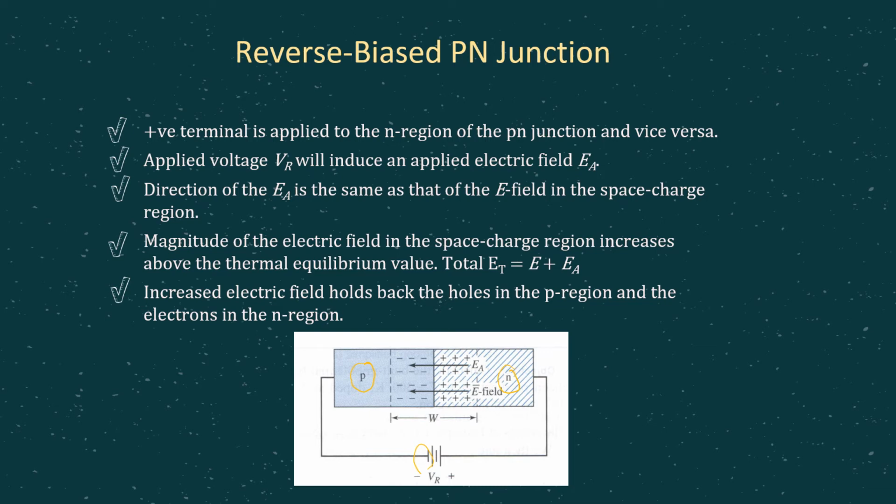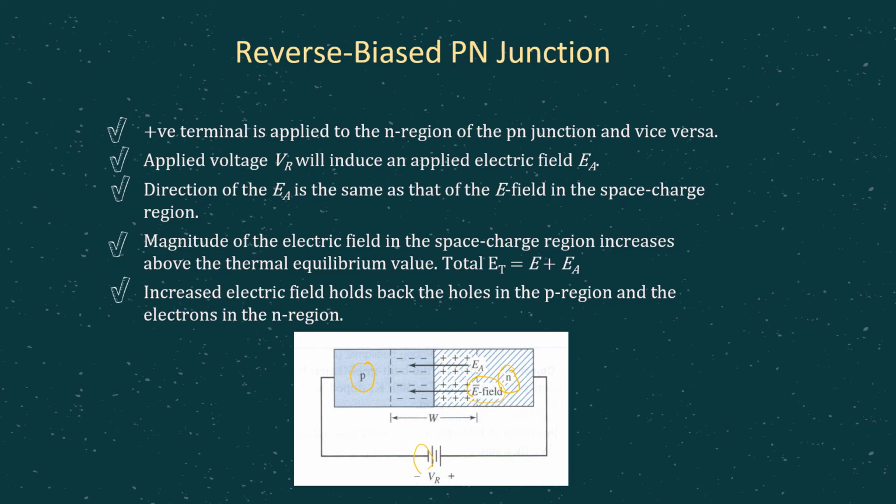As you know, initially at thermal equilibrium, we already have one electric field. Remember, the electric field is a kind of force that stops the diffusion at the depletion region. Now when we apply another voltage, we are introducing another electric field to this PN junction.